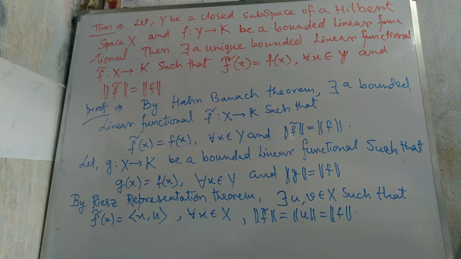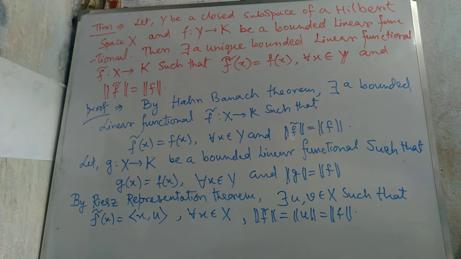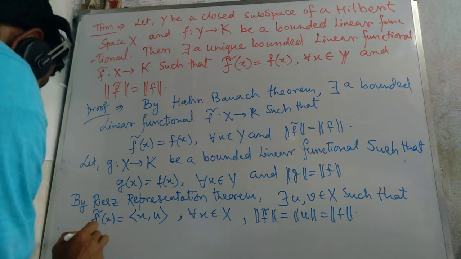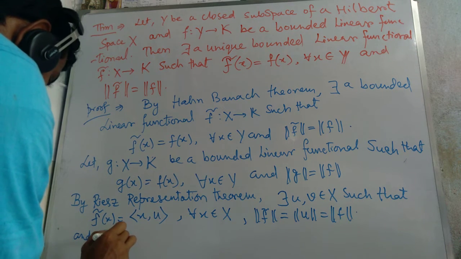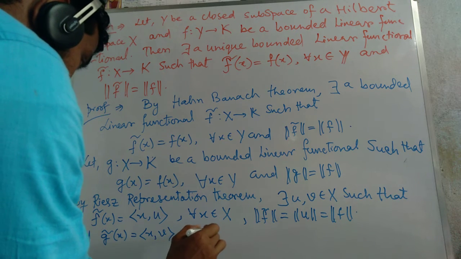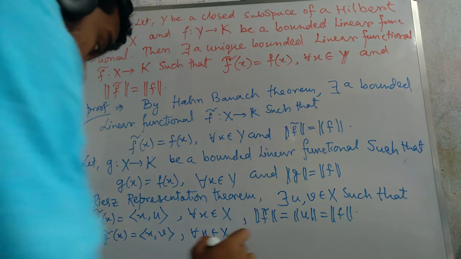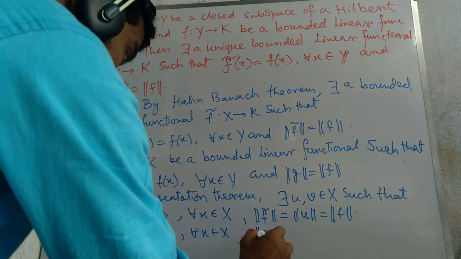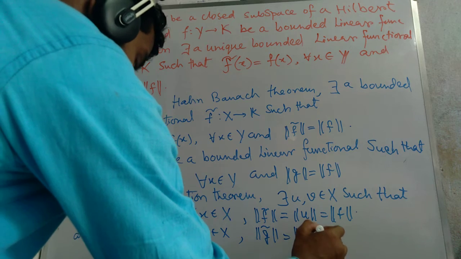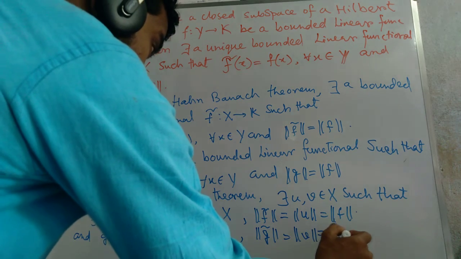And obviously g tilde(x) equal to inner product of x and v for all x belongs to X, and norm of g tilde equal to norm of g equal to norm of f.